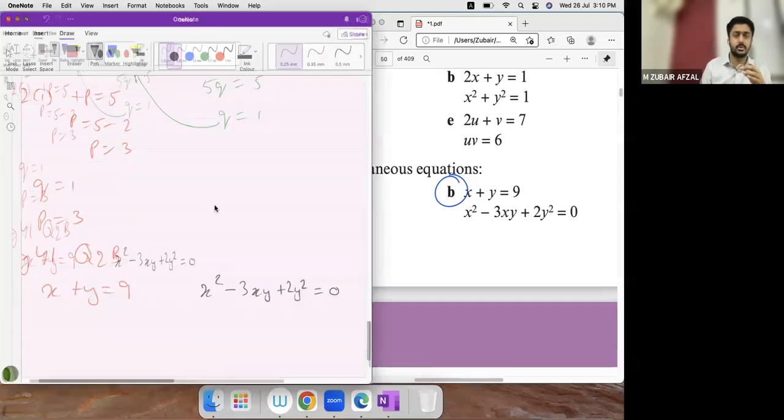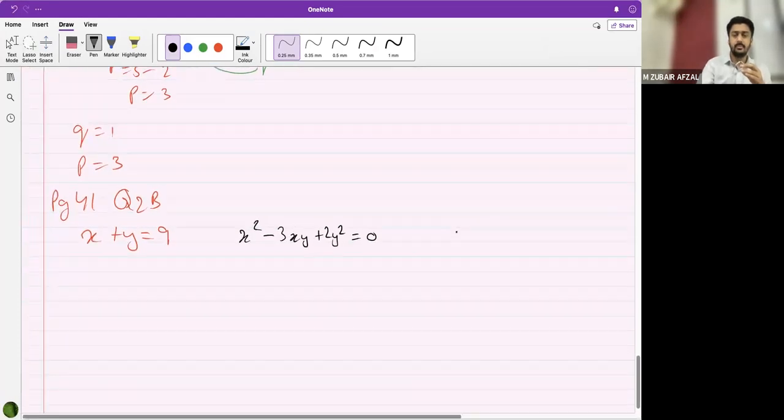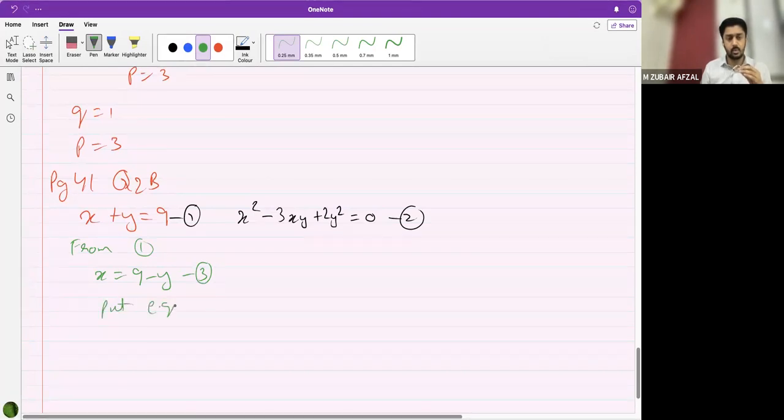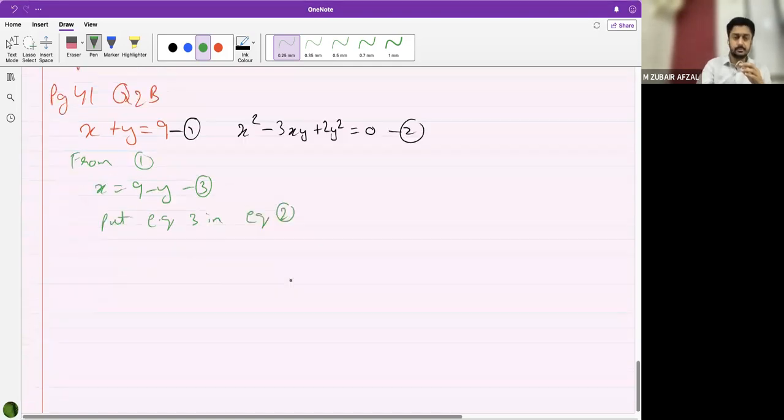So we are solving these two equations. So this is equation 1. This is equation 2. From 1, x is equals to 9 minus y, and I'm naming it 3. Put equation 3 in equation 2.